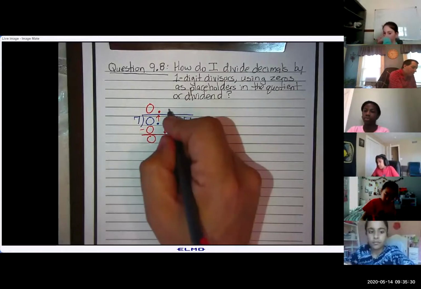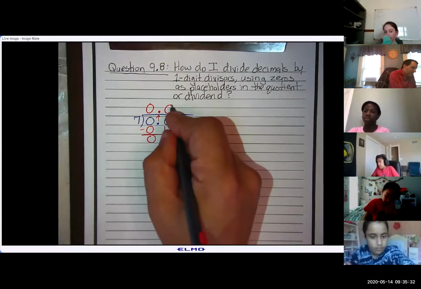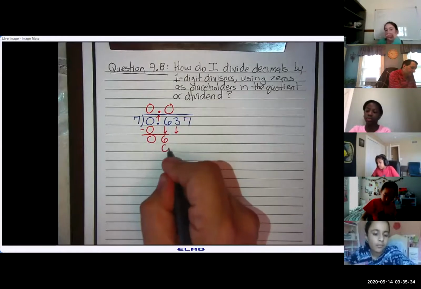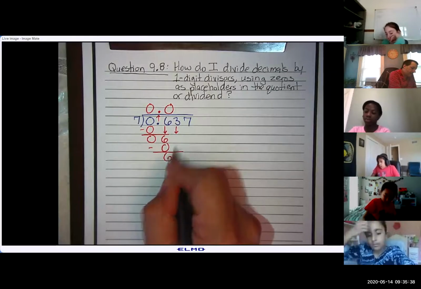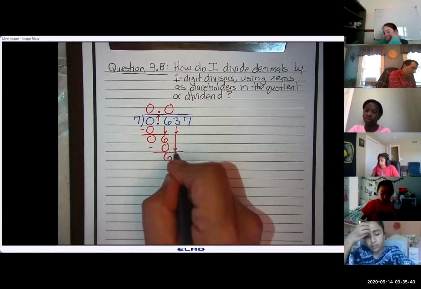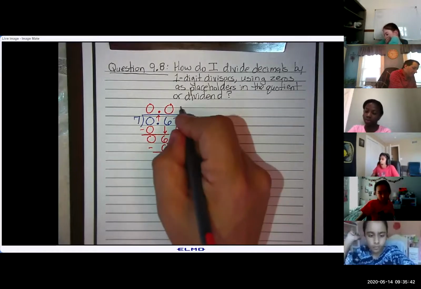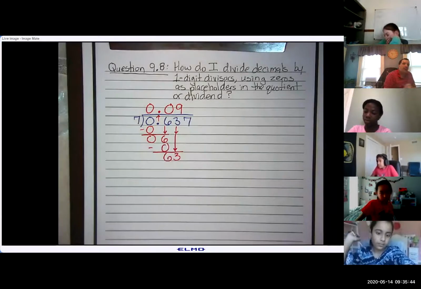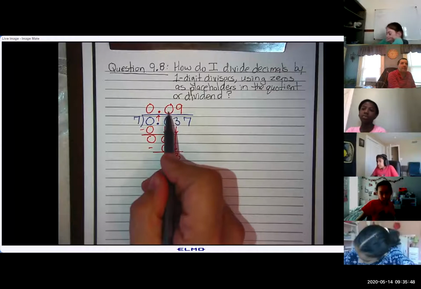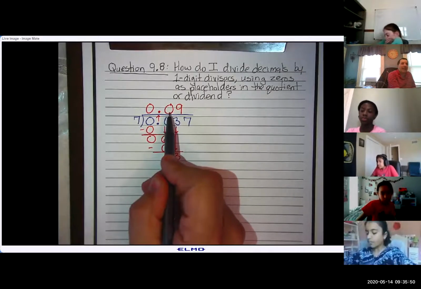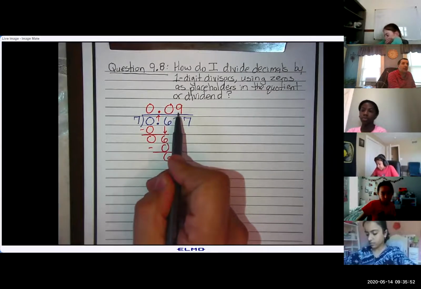You have to process this 0 first. And then bring down your 3. If I didn't do that, my 9 would have been in the tenths column. It can't be. It needs to be here.